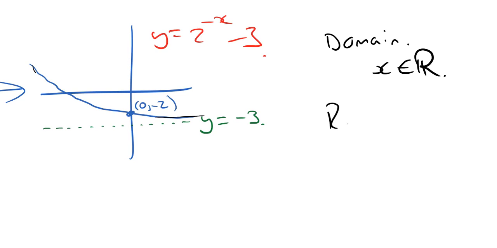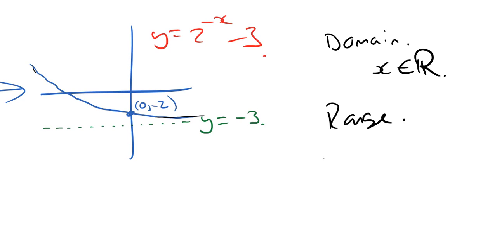What about our range? Well, range is a little different, because of course, what can our outcomes be? Well, that's our y's. So our outcomes, our y coordinates, we're never going to go underneath that y equals minus 3 line, are we? If you think about that y-axis, every single one above it has a solution, but not underneath that line.